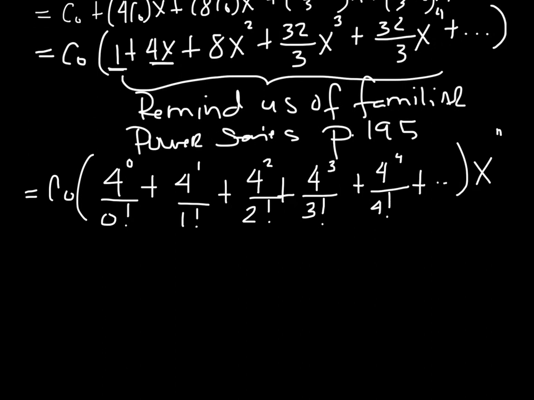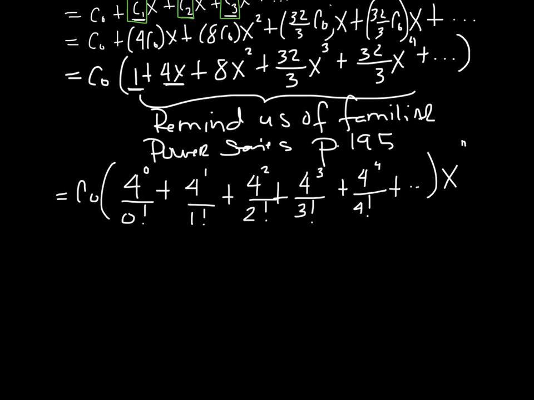How did I know that this was the power series? I've been doing these problems for a long time, so I can see the pattern. But if you want to see if it actually works out, anything to the 0 is 1, so C0 is 1 over 0 factorial, which is 1. Plus 4 over 1 factorial, which is 4. 4 squared is 4 times 4, which is 16, over 2, and 16 halves is really 8.